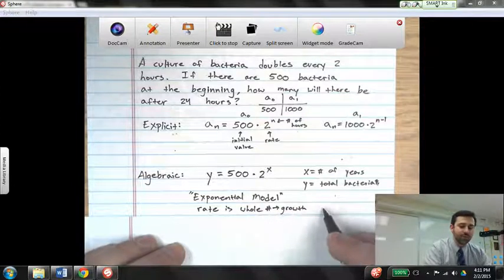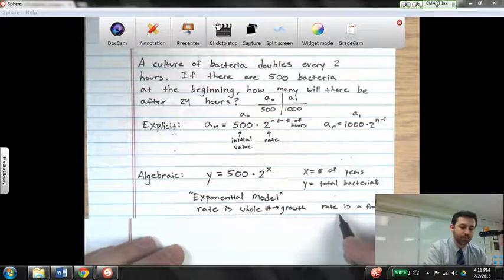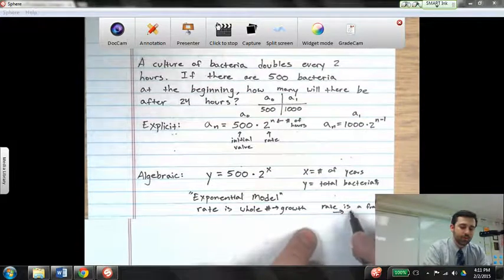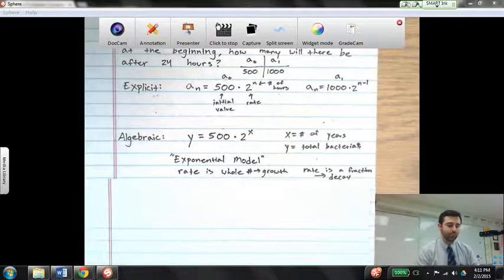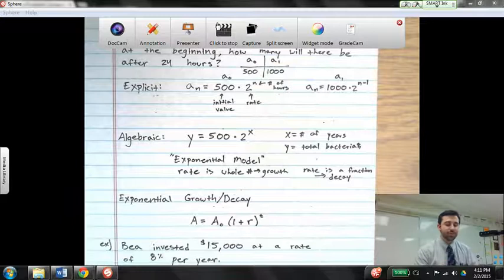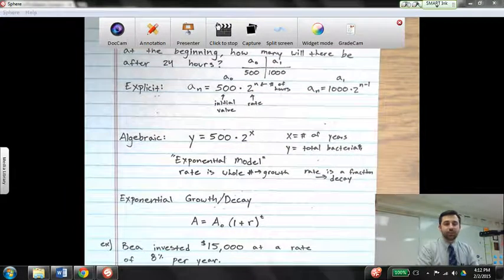Whereas if the rate is a fraction, it would be exponential decay. So an exponential growth/decay model. Using a geometric sequence, we can set up an algebraic rule for this exponential model.